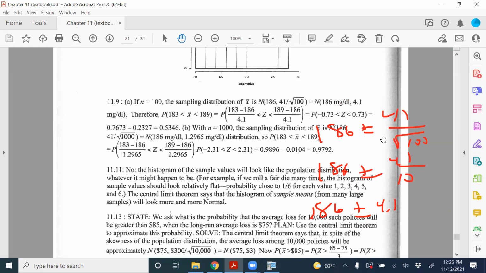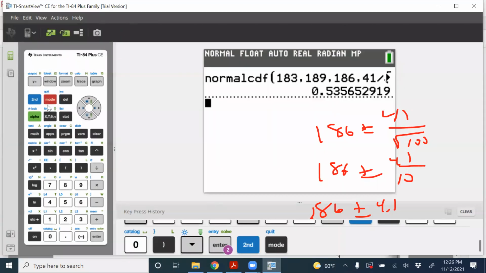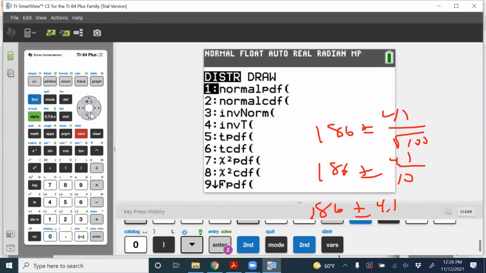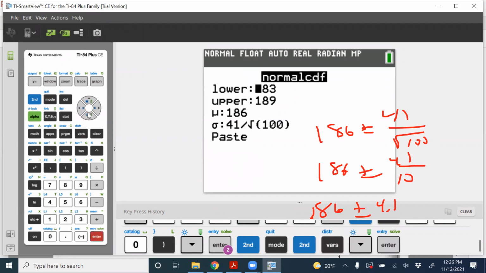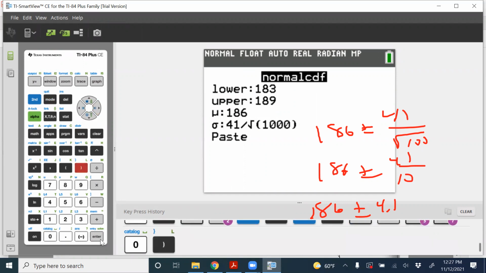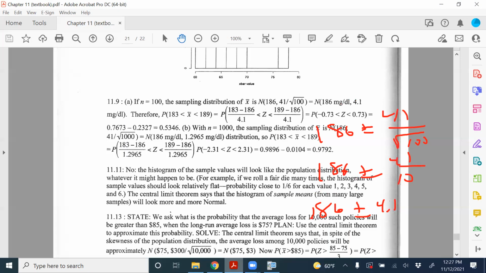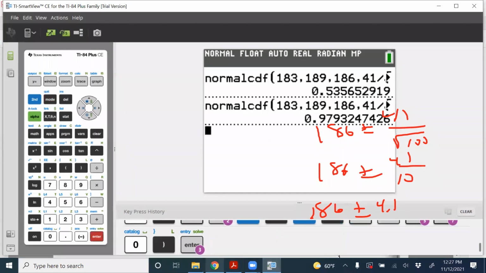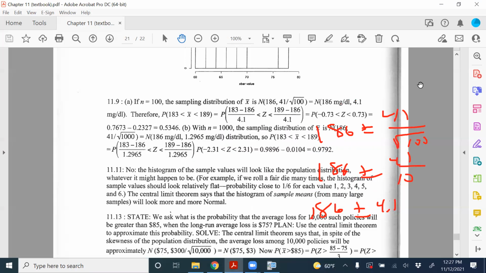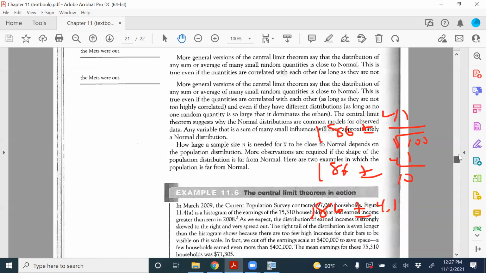That's part A. And then part B, they change it to 1,000. So if I go back and change that to 1,000, and don't mind if my kids start yelling again, because I think that's going to happen any minute now. If I do this again, I get 97.9%. And if I go to the solution key, you see I get 97.9%. So there we go. That's actually very accurate. So yep, that's how that works out.